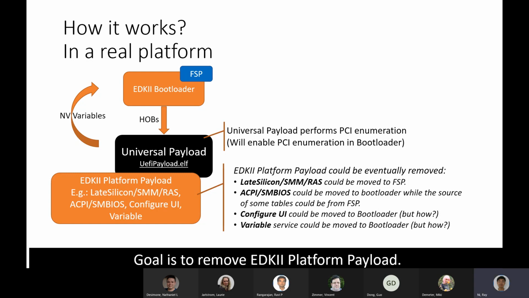Then maybe we can have a very generic UI payload that can parse the metadata produced by the bootloader and show a UI, and the user can configure it there. Then those settings can be saved in the binary layout that's also defined by the metadata. So next time the bootloader can read those variables and consume them.